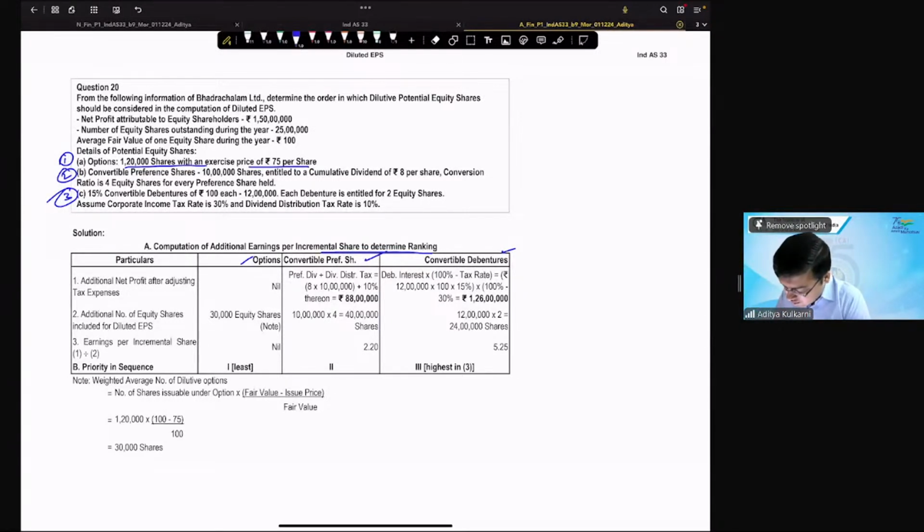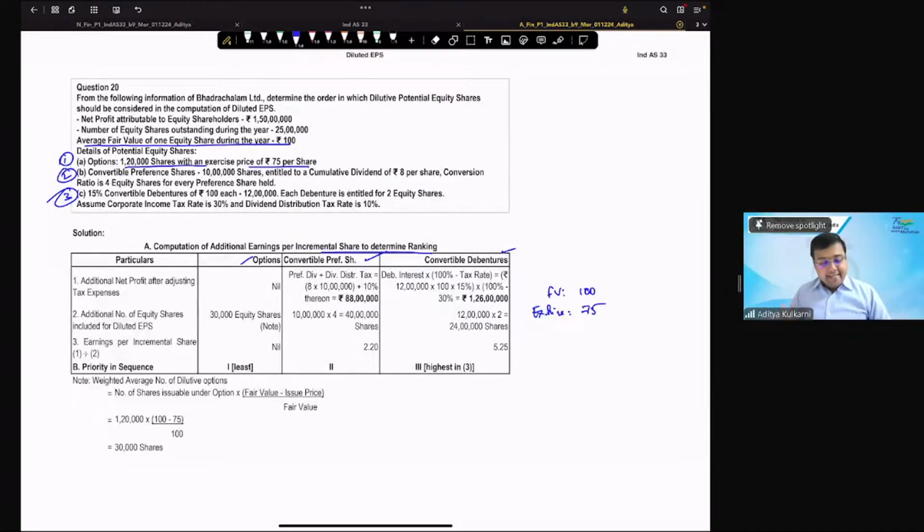See, the fair value of your instrument is worth 100. Do you agree? Yes. They have given that here, right? Average fair value is ₹100. But you have given an option at which price? 75 per share.